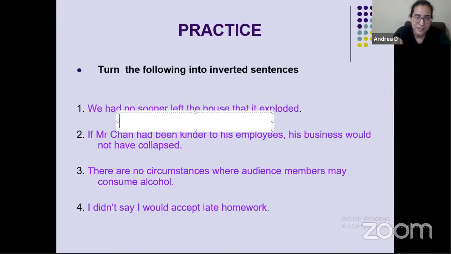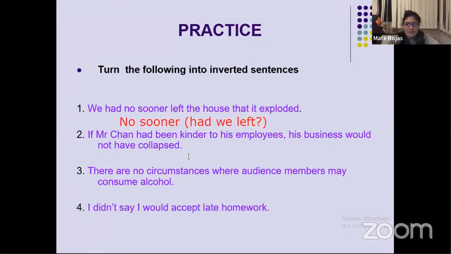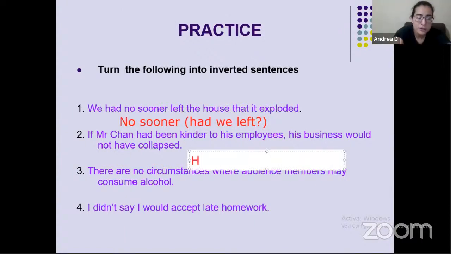So think of it: no sooner had we left. Had we left is like a question. Had he been kinder?